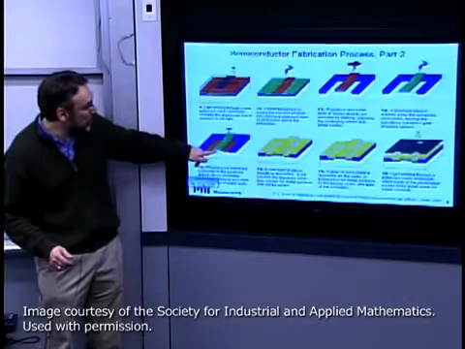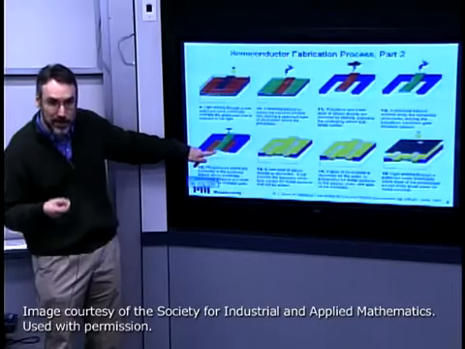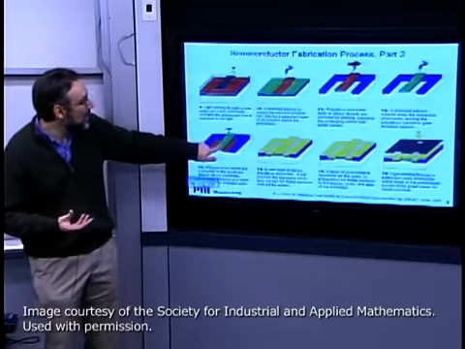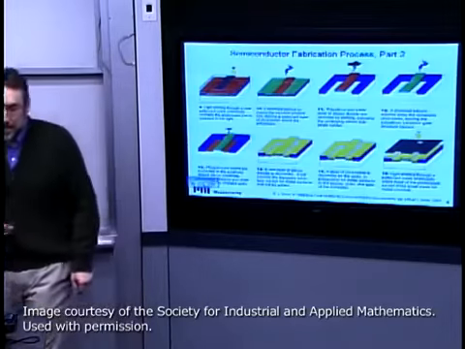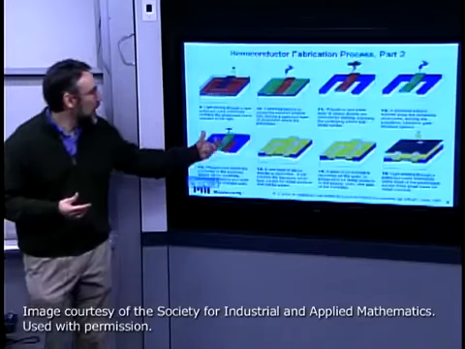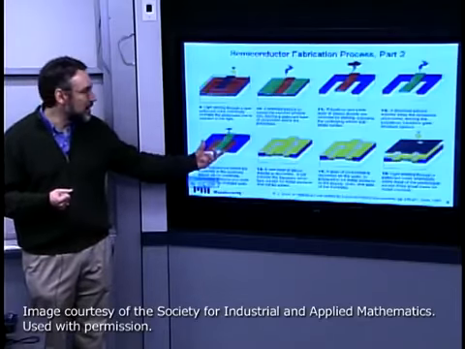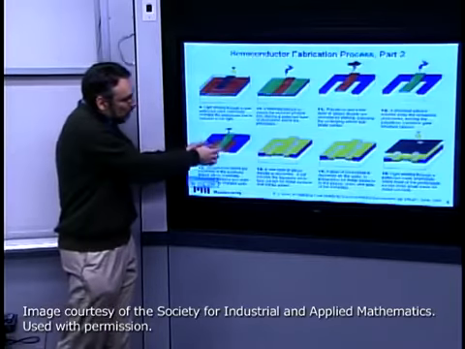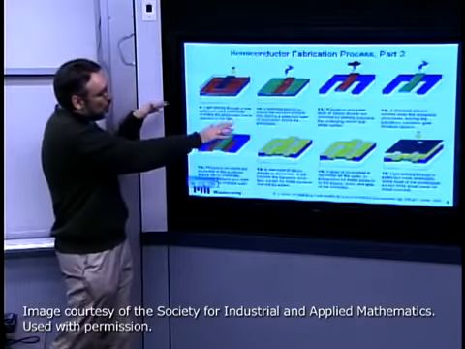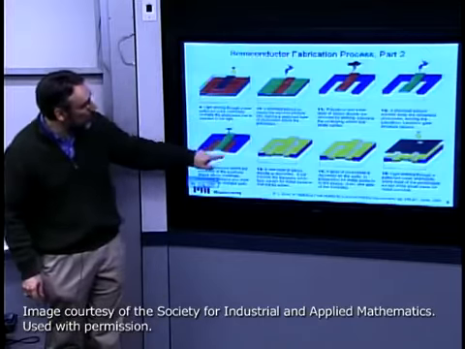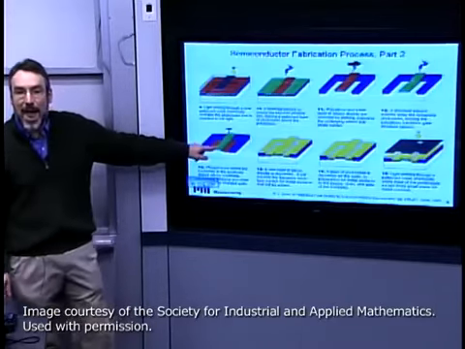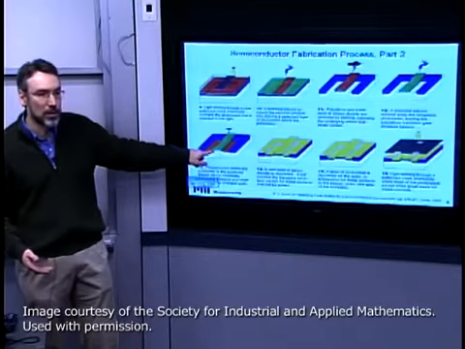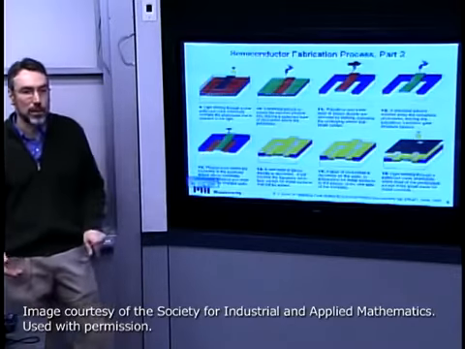Those regions we don't want to dope underneath the channel. We want to keep that fairly lightly doped so that we can invert it for electrical action. And in this case, we're getting something often referred to as a self-aligned process, whereby we don't have to selectively shoot the ions just in here. We can blanket the whole wafer and use these thick oxide and use the polysilicon as the mask itself to prevent the ions from reaching the underlying silicon regions.